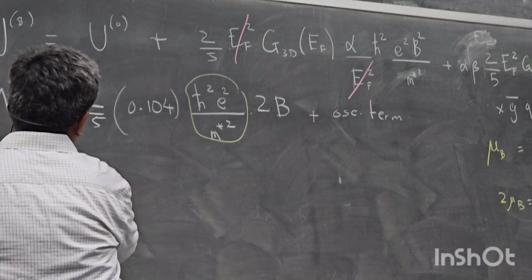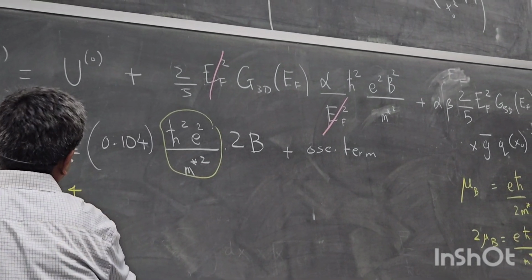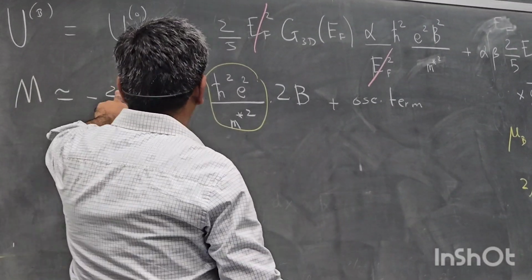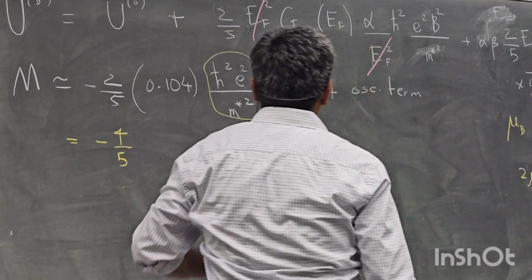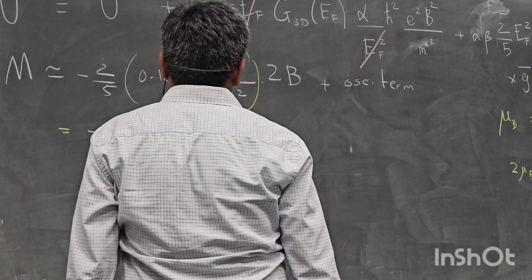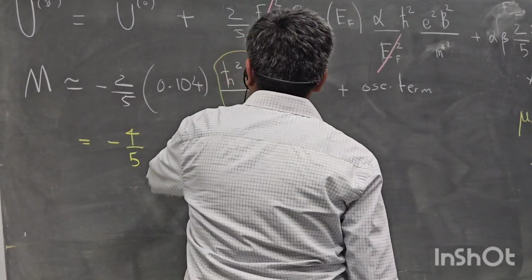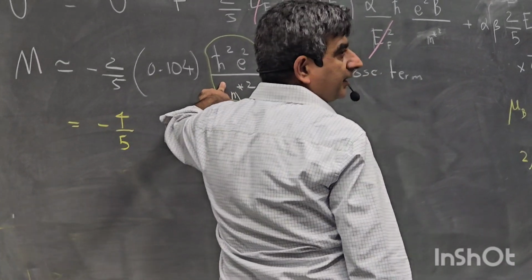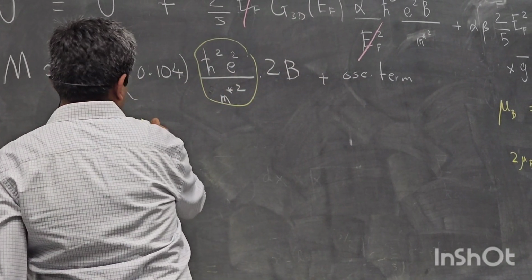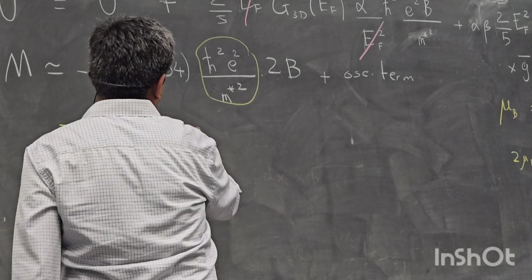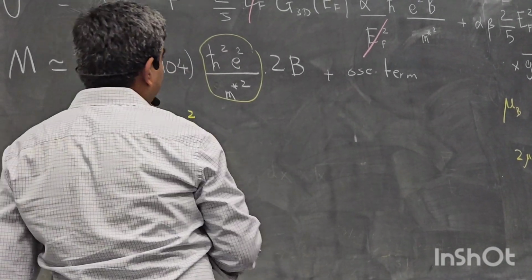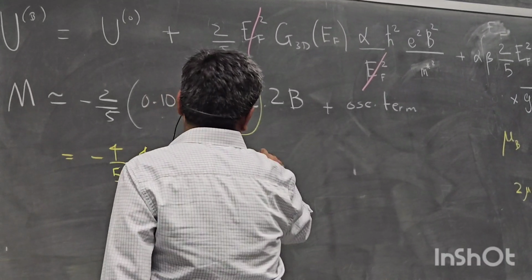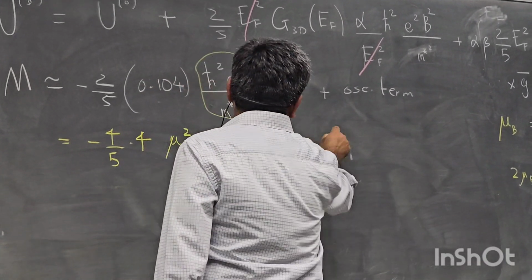So I'm left with about minus 4 over 5, this 2 multiplied by this 2, and this is 2 mu B squared and another 4 mu B squared, times this 0.104, plus the oscillatory term.